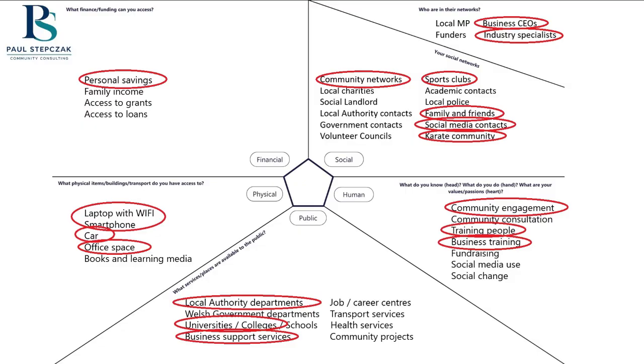Although I've got a list of ways that I can access money there, and perhaps I do need some startup capital, now that I've gone through every single one of my assets, there may be ways that I don't actually need finance, or even as much as I needed before. So suddenly I've gone from being unemployed, thinking I've got nothing, to having a whole wealth of strengths that I can bring together to help me overcome this. So I'm not starting from nothing. I'm starting with a lot more than I realize.